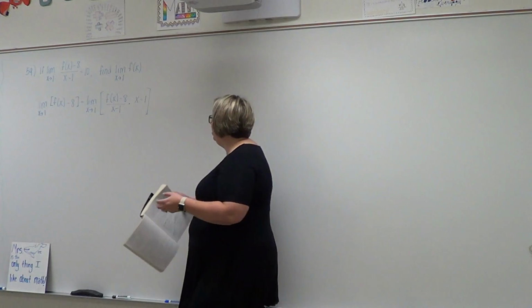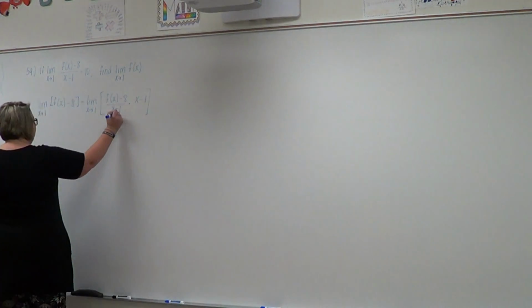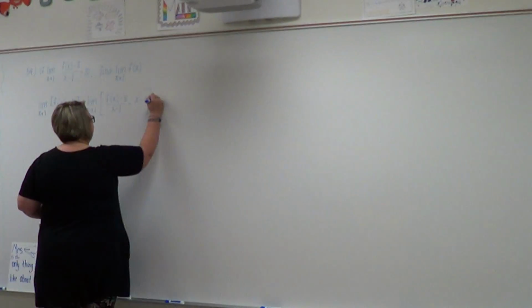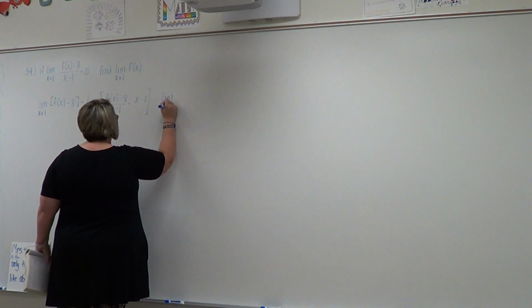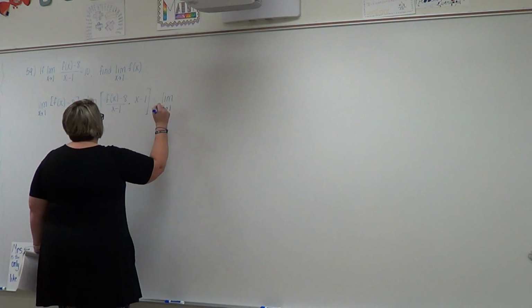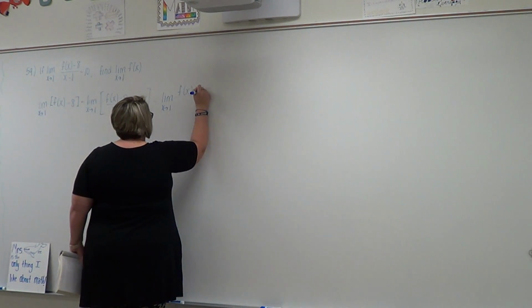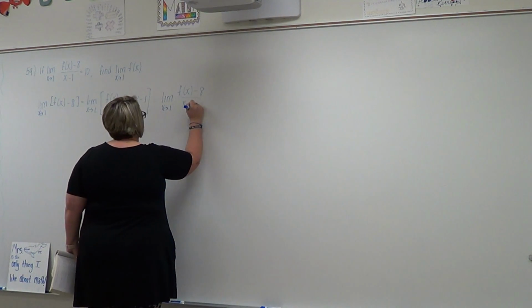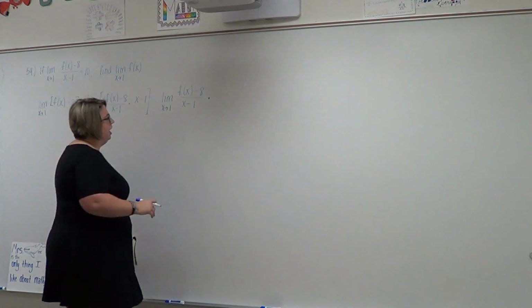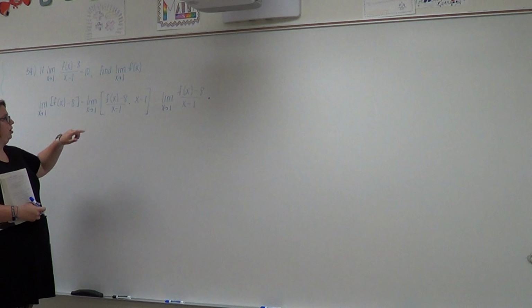Okay, now, here's why I would do this. If I want to find the limit of this, if I split this up, so the limit laws, I think is what's called in your book, okay?